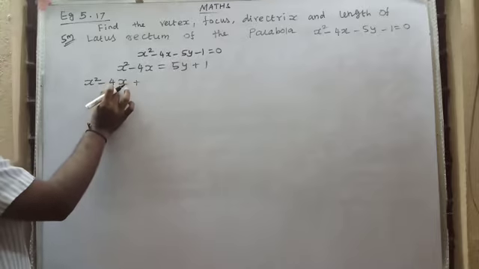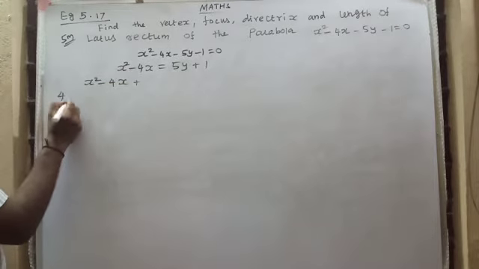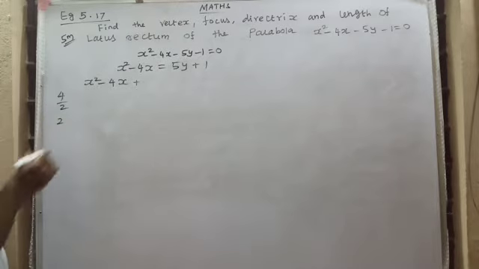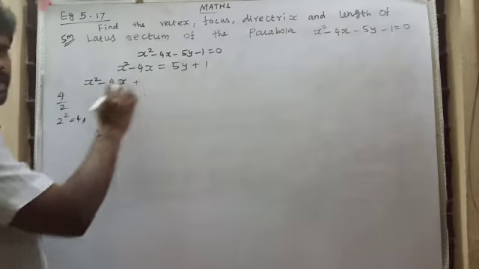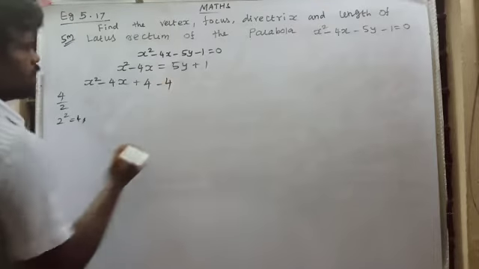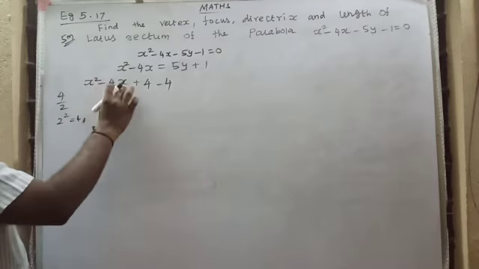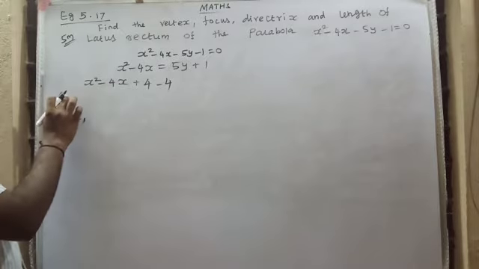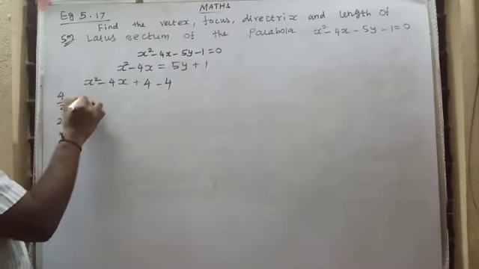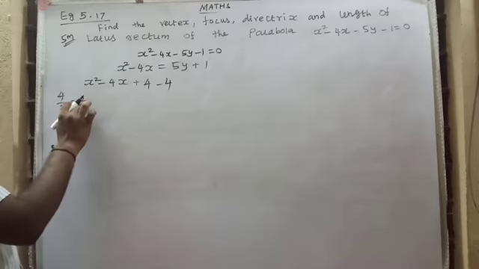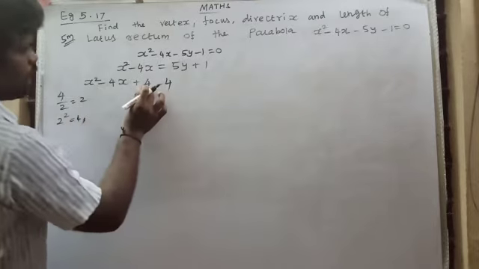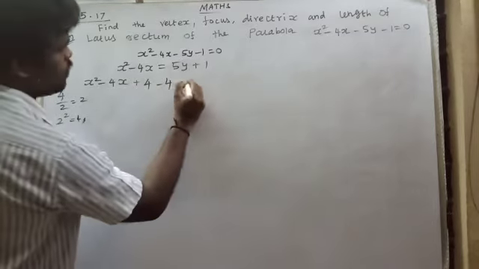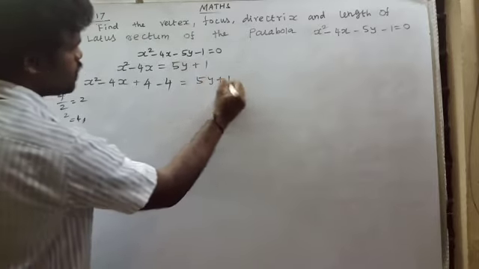The coefficient of x, 4, divided by 2 is 2, and we square it immediately: 2 squared is 4. This term only is added, plus 4 and minus 4. This is a very important concept. So we add 4 on both sides: x² - 4x + 4 = 5y + 1 + 4.